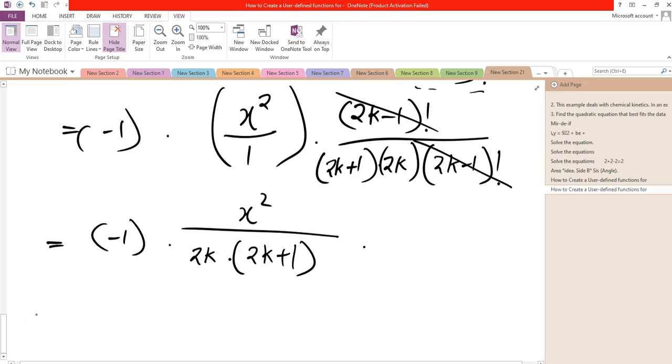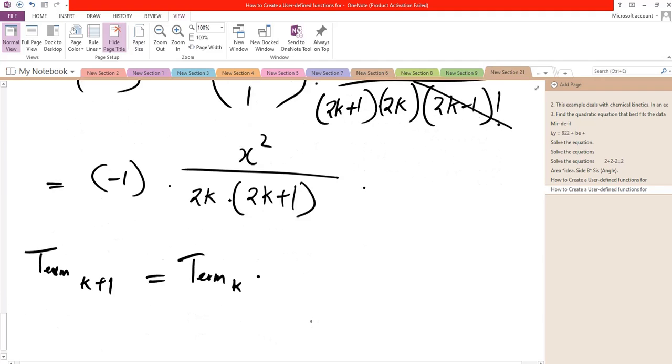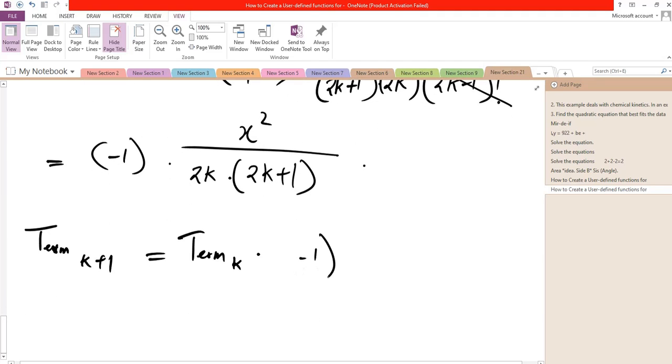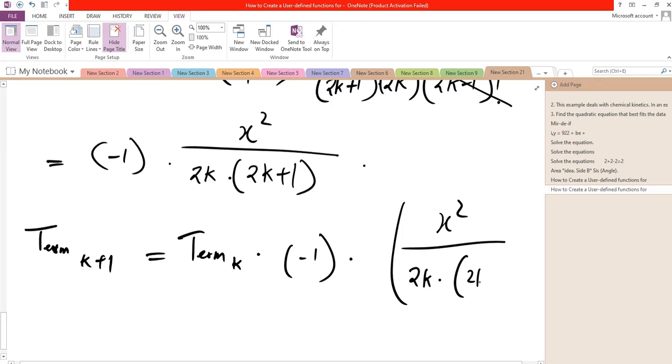So that means you have t subscript k plus 1 equal to t subscript k times minus 1 times x squared divided by 2k times 2k plus 1.